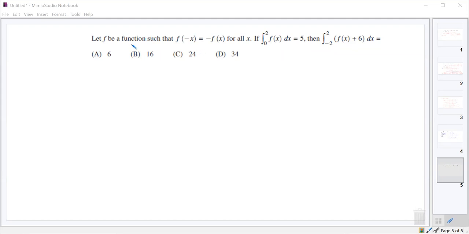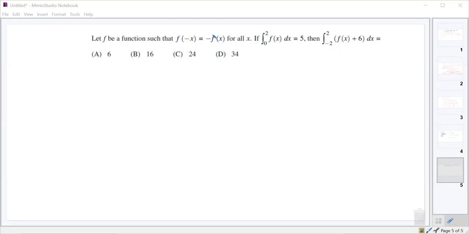All right, we've got f is a function here such that f of -x equals -f of x. And then we've got that the integral from 0 to 2 of f is 5. We want to know the integral from -2 to 2 of f of x plus 6.